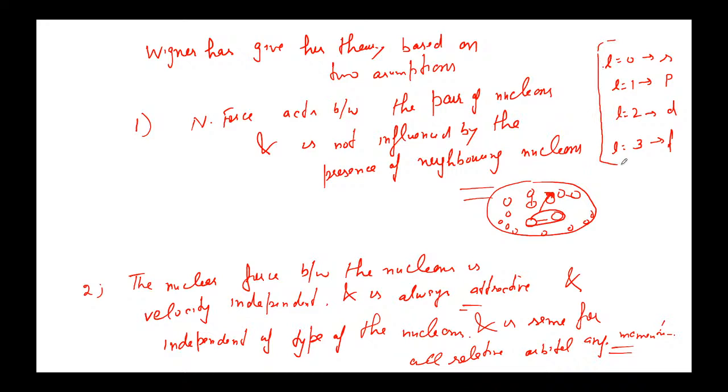All this we will derive using the shell model, how these nucleons are present in the form of shells. So for all the values of the orbital angular momentum, all the forces which exist between the nucleons are attractive. And the third consideration he considered is that the nuclear force is predominantly a central force.